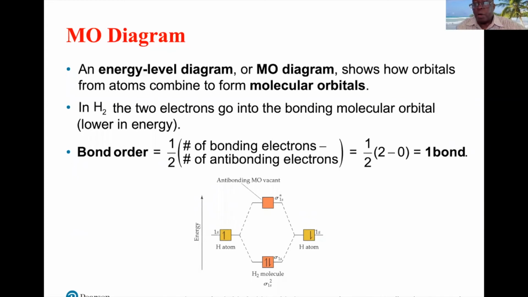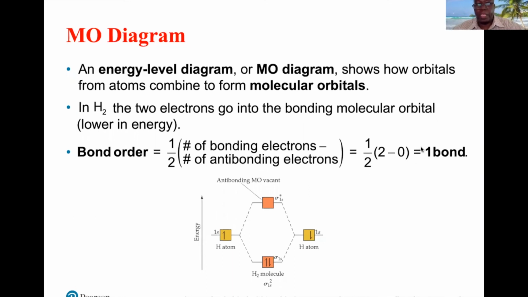If the bond order is 0, that means that molecule will not exist. So how will I calculate the bond order? It is the total number of bonding electrons minus the total number of antibonding electrons, and then you divide by 2.